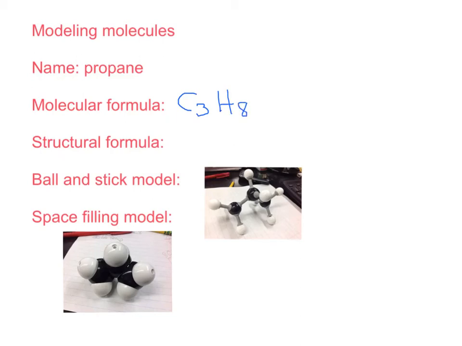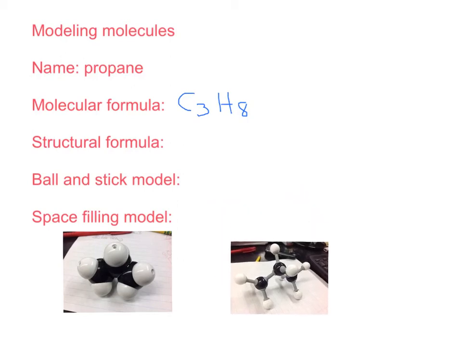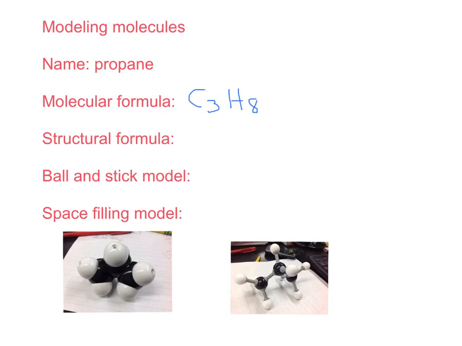So the first is the structural formula. If we were to write it out, we would have to write it out in longhand, which requires some space. So you would have to write your carbons out. Carbon, line for a single bond, line, and now you have to fill in each carbon's hydrogens. Each carbon should have 4 things bound to it.